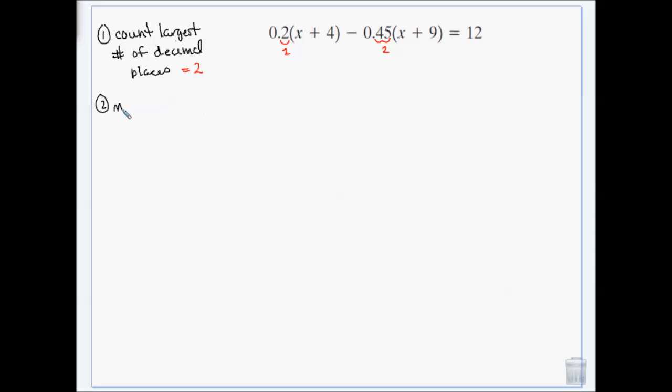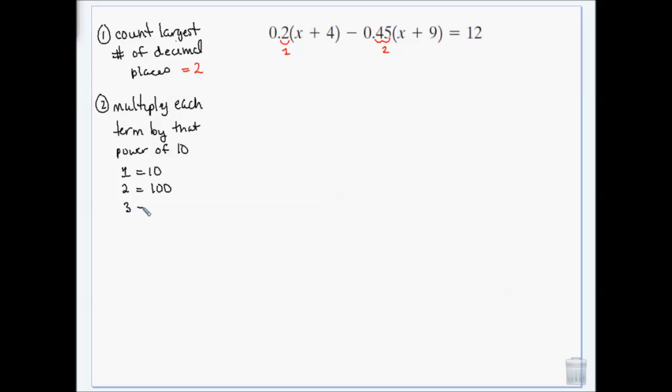Then I'm going to multiply each term by that power of 10. Okay, and so if it has 1 decimal place, I multiply by 10. If it has 2 decimal places, I multiply by 100.